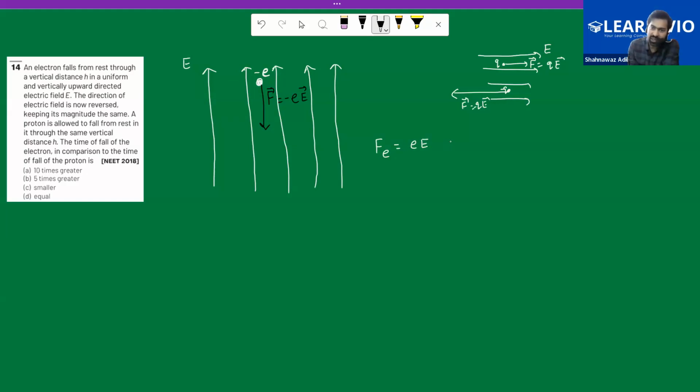So I can find out the acceleration of the electron. How much would that be? I can write this force as mass times acceleration, mass of the electron and acceleration of the electron, and this would be eE. So the acceleration of the electron is eE by m.